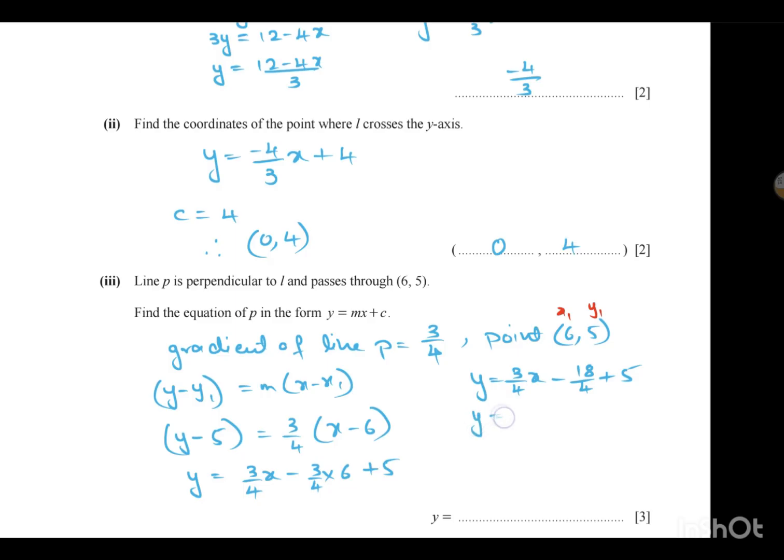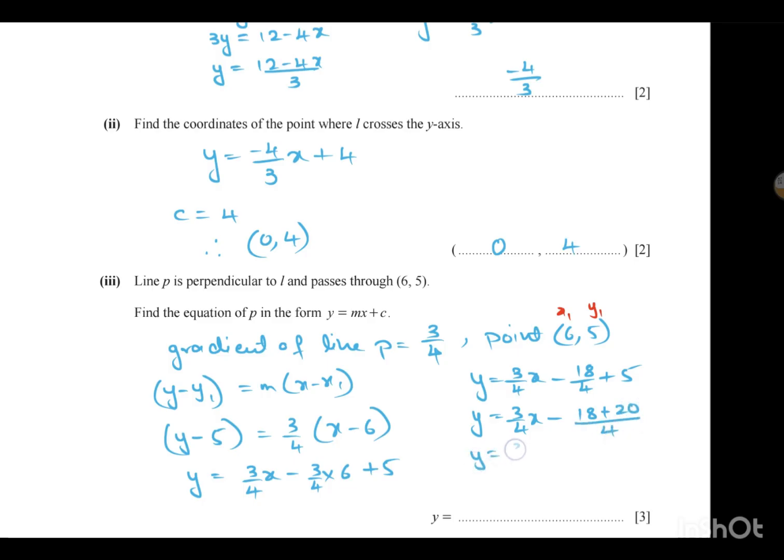So y is equal to 3 by 4 x minus 18 plus 20 by 4.